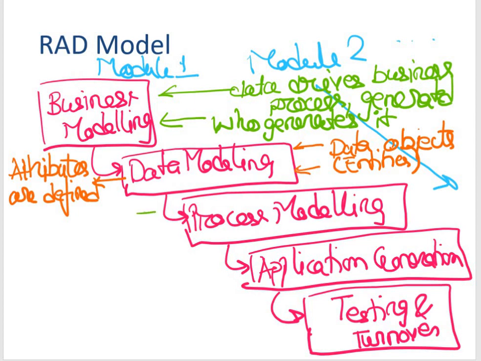Now, in case of process modeling, the information objects defined in the data modeling phase are transformed in order to achieve the data flow necessary to implement a business function. Processing descriptions are created for adding, modifying, deleting, or retrieving a data object.